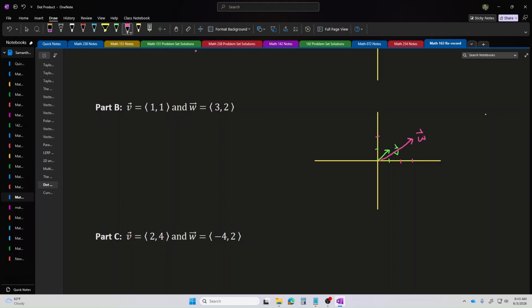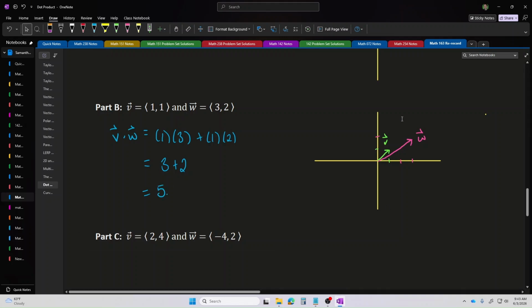So these vectors are pretty closely aligned, close to pointing in exactly the same direction. Now if I calculate the dot product, I get 1 times 3 plus 1 times 2, so 3 plus 2 equals positive 5. In this case, our dot product has produced a positive value.